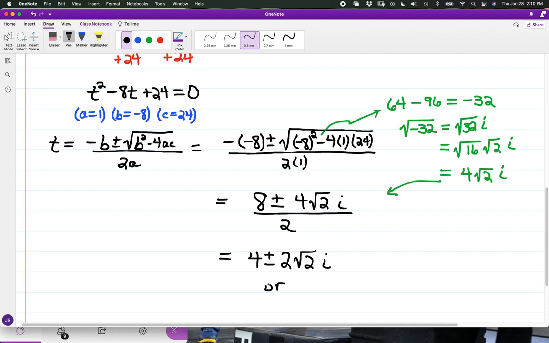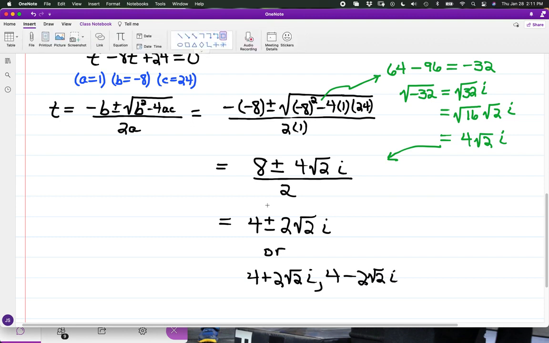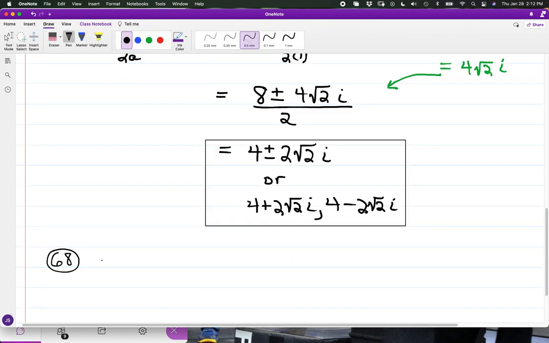And again, if you draw out separately, we're going to have 4 plus 2 times the square root of 2i, and also 4 minus 2 times the square root of 2 times i. I think it is, but I'm not 100% sure.